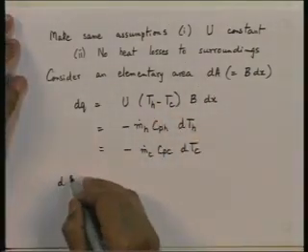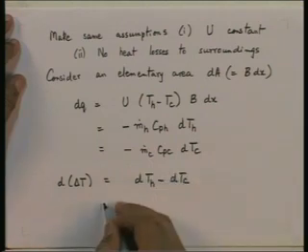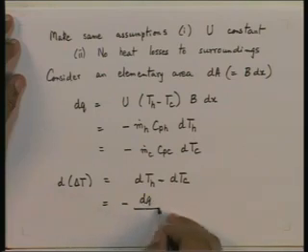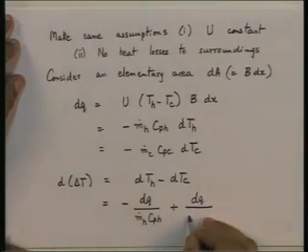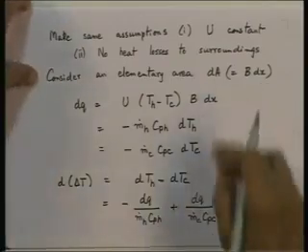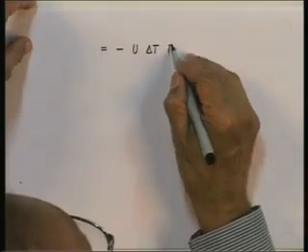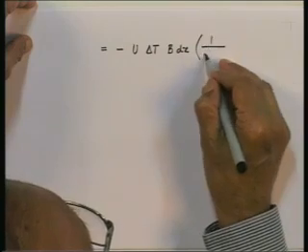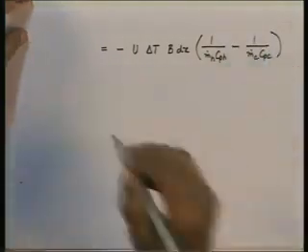We can write d delta T is equal to dTh minus dTc, which is equal to minus dq upon m dot h Cph plus dq upon m dot c Cpc, and using again the first, second and third equations which we had earlier, if we do a little algebra, we will get this is equal to minus U delta T minus U delta T B dx in bracket 1 upon m dot h Cph minus 1 upon m dot c Cpc, and then I integrate from inlet to outlet.